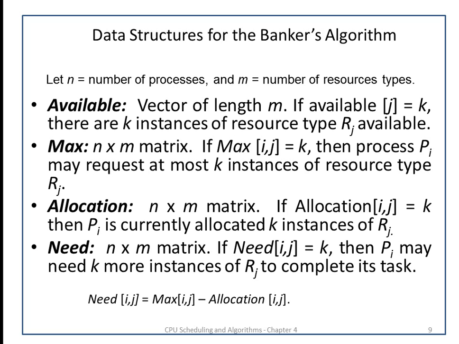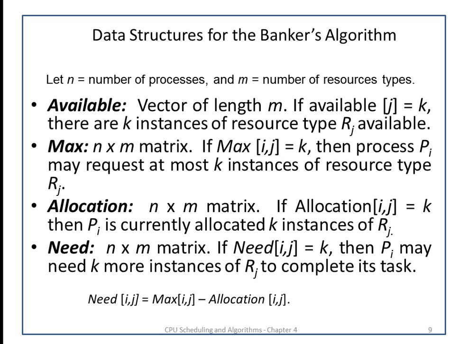Max is a matrix of size n by m. If Max[i][j] is equal to k, then process Pi may request at most k instances of resource type Rj. Allocation is again a matrix of size n by m.